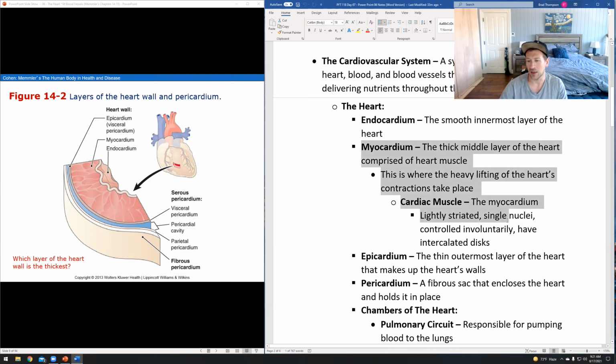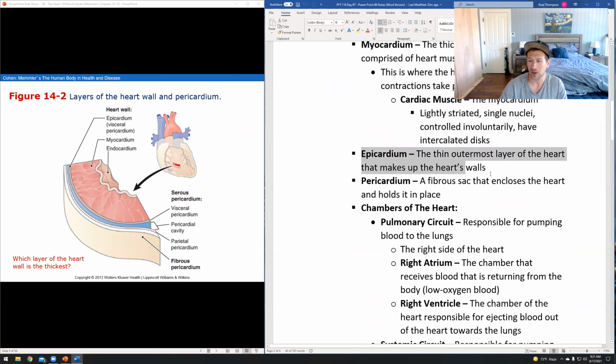So that's your myocardium. It's this thick muscular layer where all the real heavy lifting of contraction takes place. And then along the outside, you're going to have your epicardium. This is the thin outermost layer of the heart itself. So we need to be able to separate the myocardium from the innermost layer. That's where we have the endocardium. And then we need to be able to separate the outermost layer from the myocardium as well.